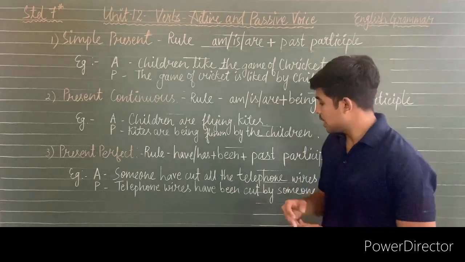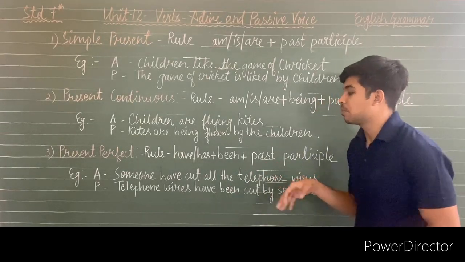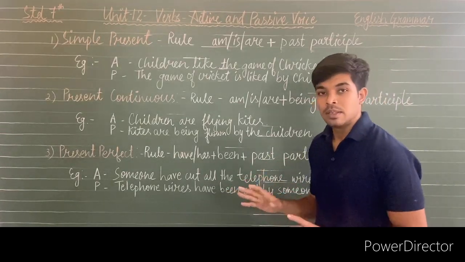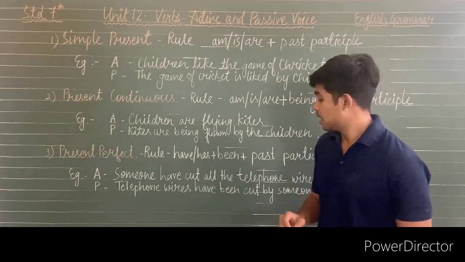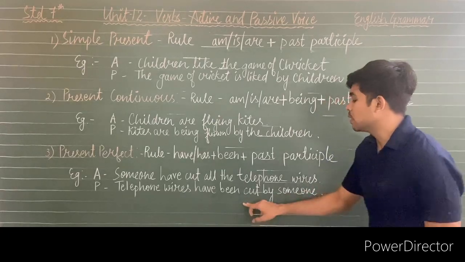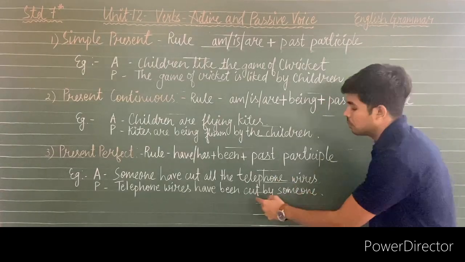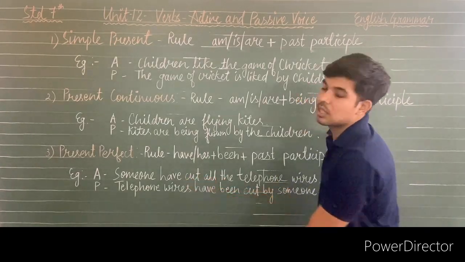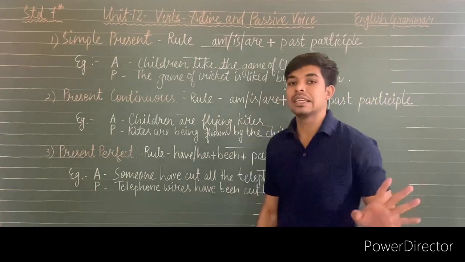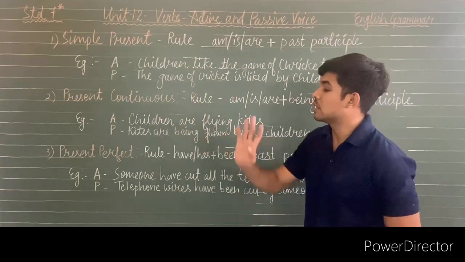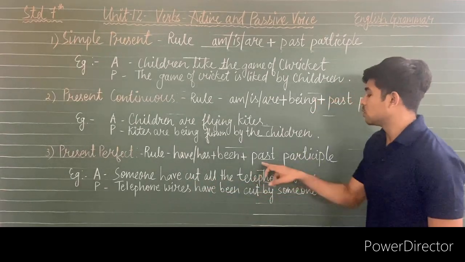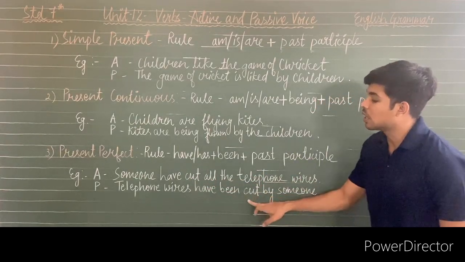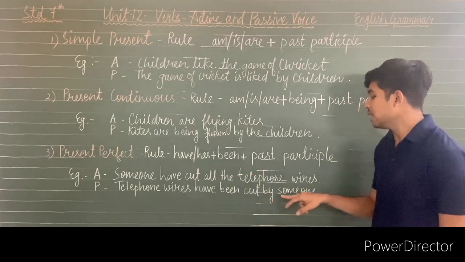Cut, the past participle is the same, the past is also the same, and the present is also cut only. So that is why we are using the past participle form directly as cut, because it is the base form and nothing is changed in different tenses with the verb cut. So that is why here we are using the past participle form of cut, which is also cut, by someone.